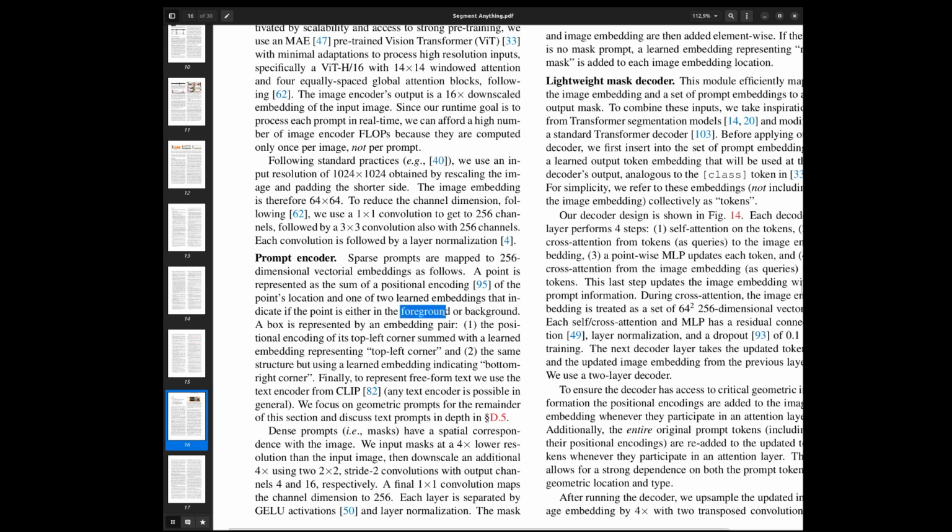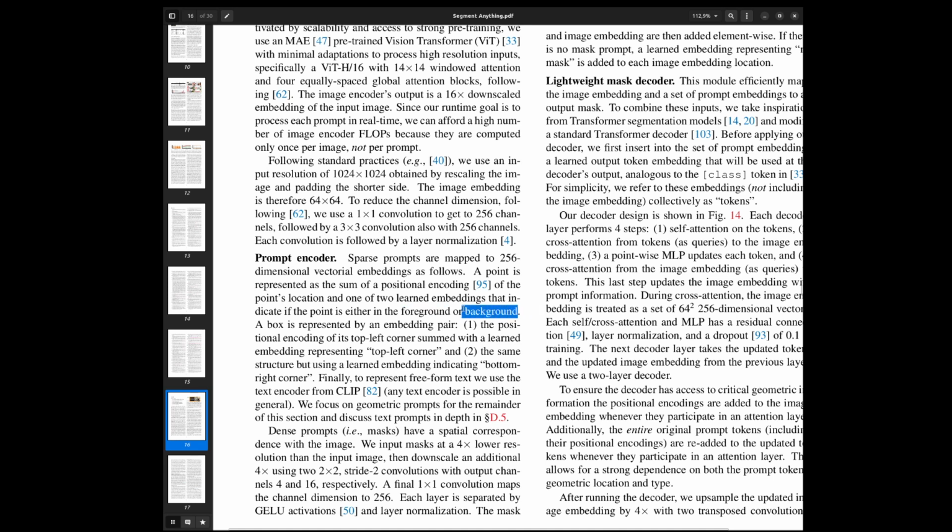So I think they are going to classify a mask. Here we have two learned embeddings, so they are just learned during training. It means that for these two embeddings, you have an objective that penalizes if something is a foreground and is predicted as a background.